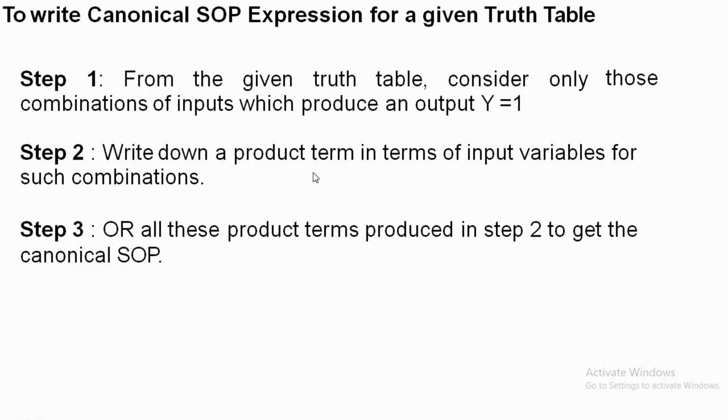Second step, write down a product term in terms of input variables for such combinations. Third step, OR all these product terms produced in step 2 to get the canonical SOP form. All these product terms we have to add together, and then we can finally get the canonical SOP form.